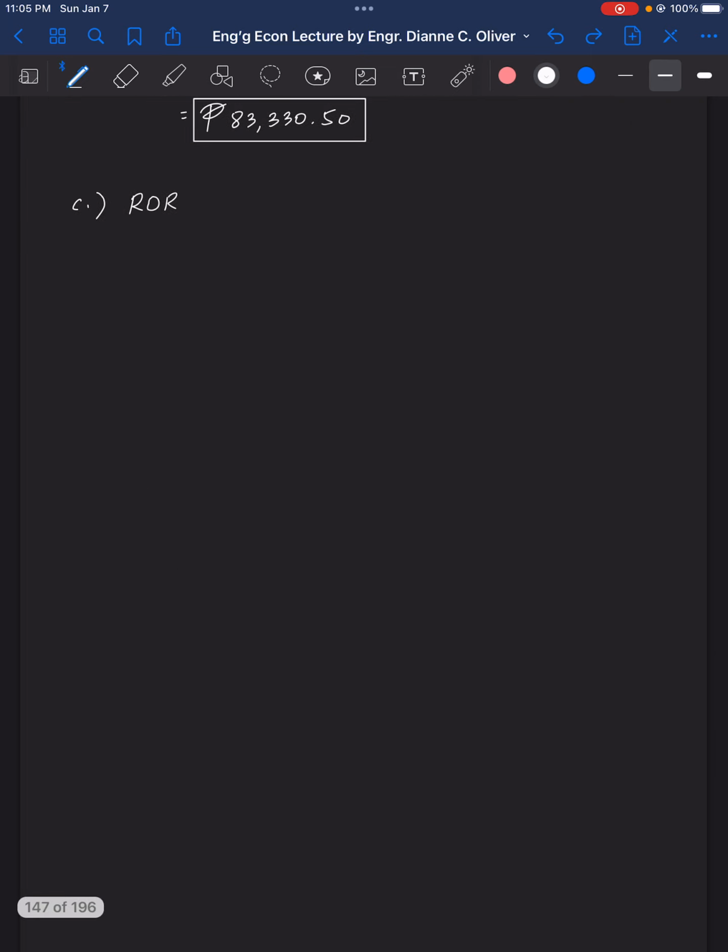So ROR for the annual cost of A, we're going to use the depreciation formula: first cost minus the salvage value, times 0.16, divided by 1 plus 0.16 raised to 6, minus 1.